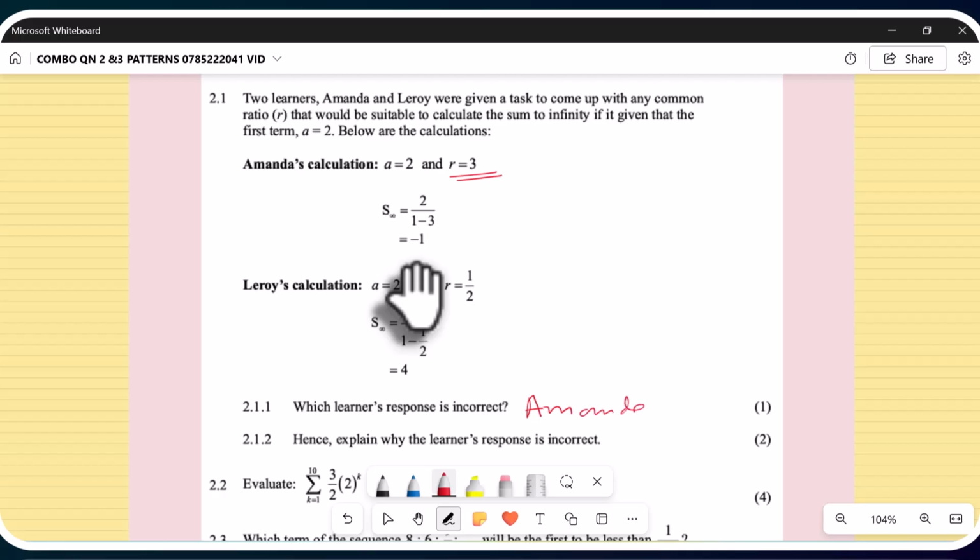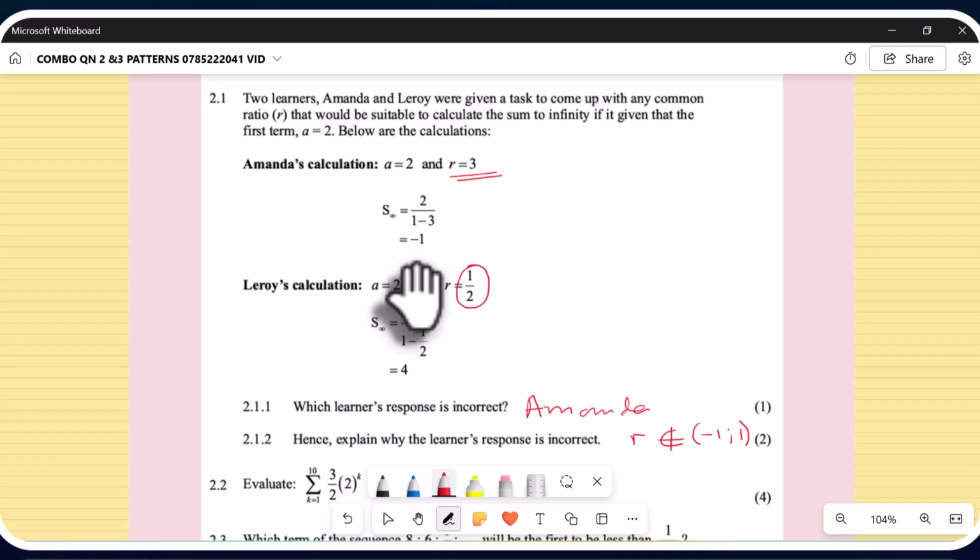Okay, so next question. They said evaluate the summation from k equals 1 up to 10 of 3 over 2 into 2 power k. So from this, let's first get our common ratio. This is k here.